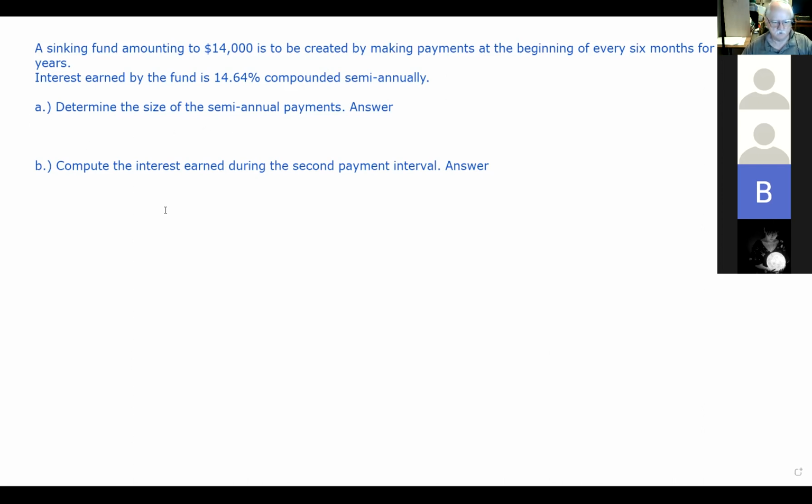We need to know I. So keep track of that. I equals 14.64% divided by 2. Let's make sure we know what that is.